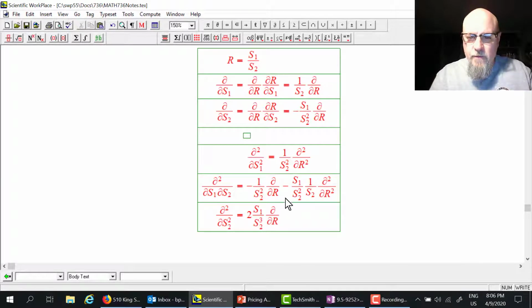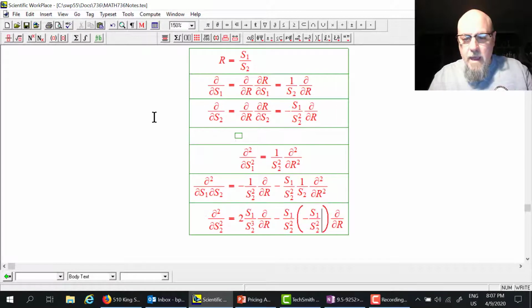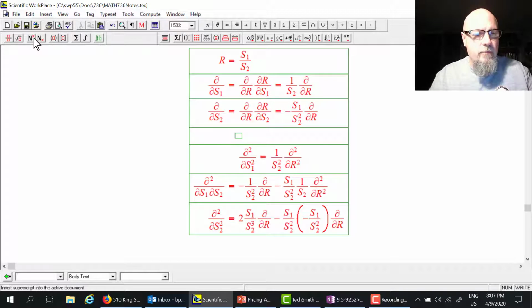So there's the derivative of the first piece with respect to S2. Leave the second alone. Leave this alone. Now I'm differentiating this with respect to S2. What's our rule when we differentiate with respect to S2? We multiply by this piece, and differentiate again with respect to R.